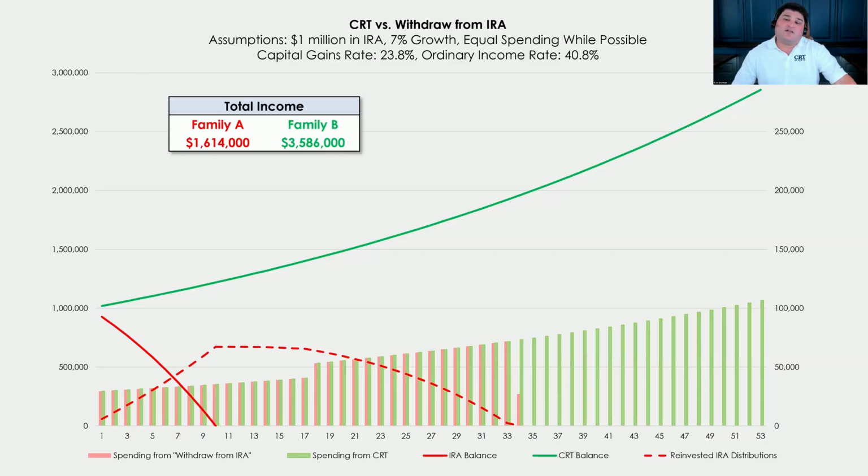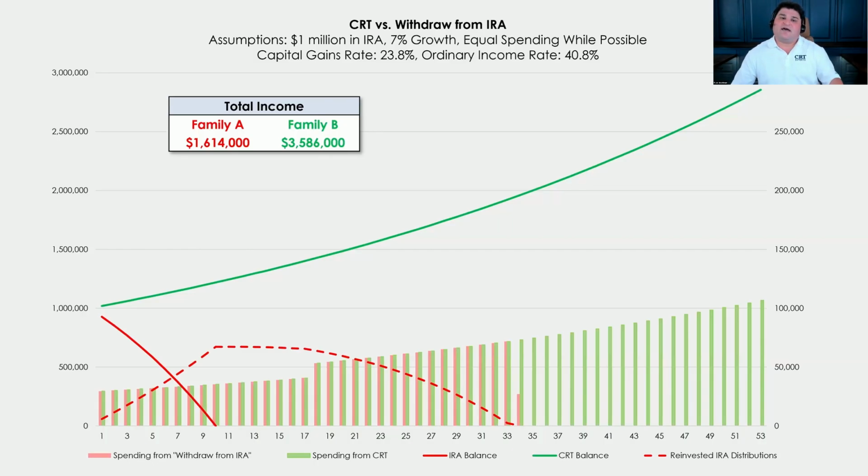The dotted red line shows the value of the money withdrawn from the IRA, after taxes and spending, that is reinvested. To keep it apples to apples, the heirs are spending the exact same amount each year in each scenario. So we are withdrawing from that reinvested IRA account the exact same amount that the heirs receive from the CRT.